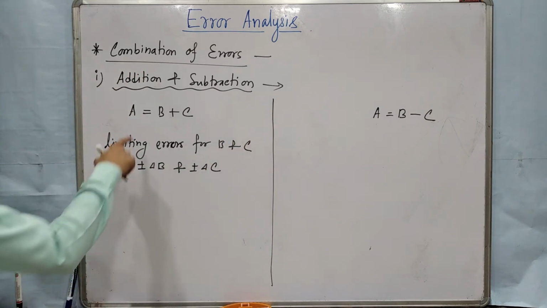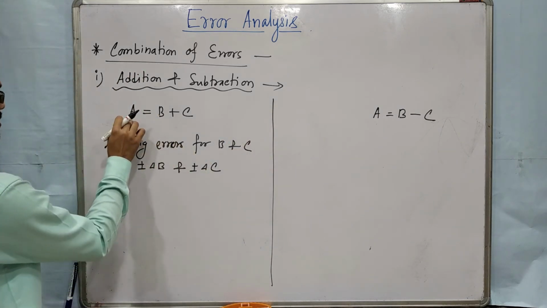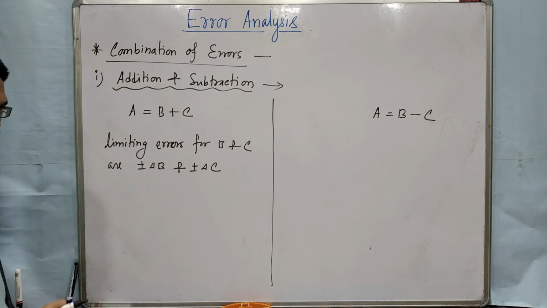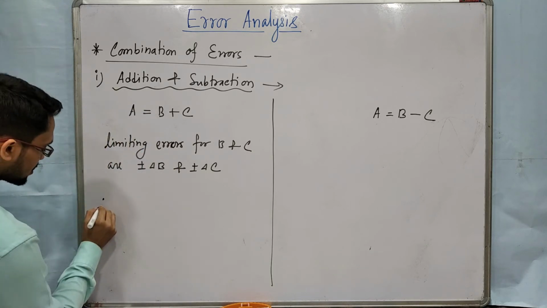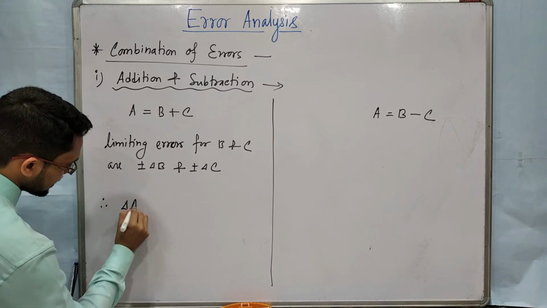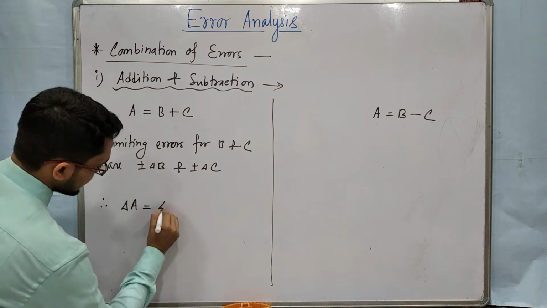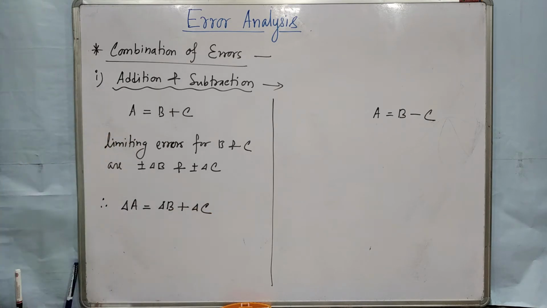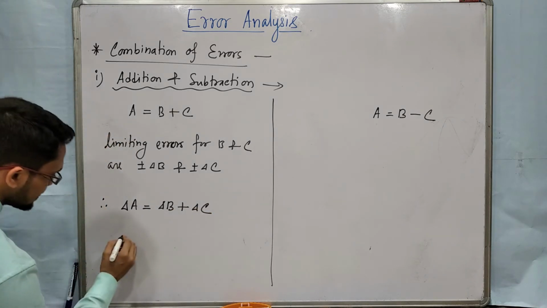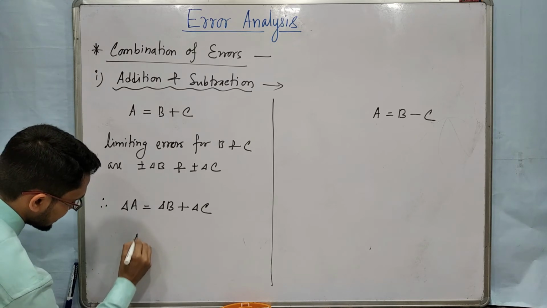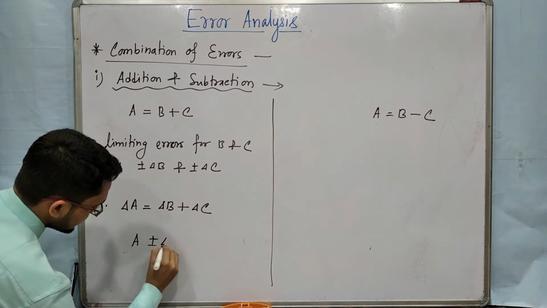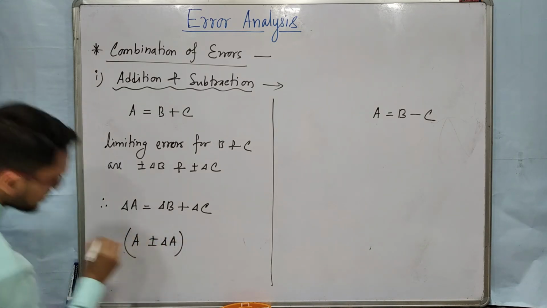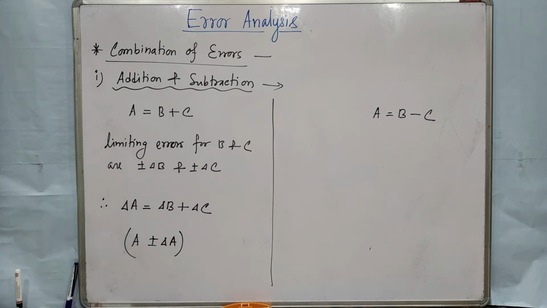Now what will be the error after calculating this A? What will be the error? So error formula for A, delta A, will be simply delta B plus delta C. And at the end we will write A plus minus delta A. This is the proper expression at the end.